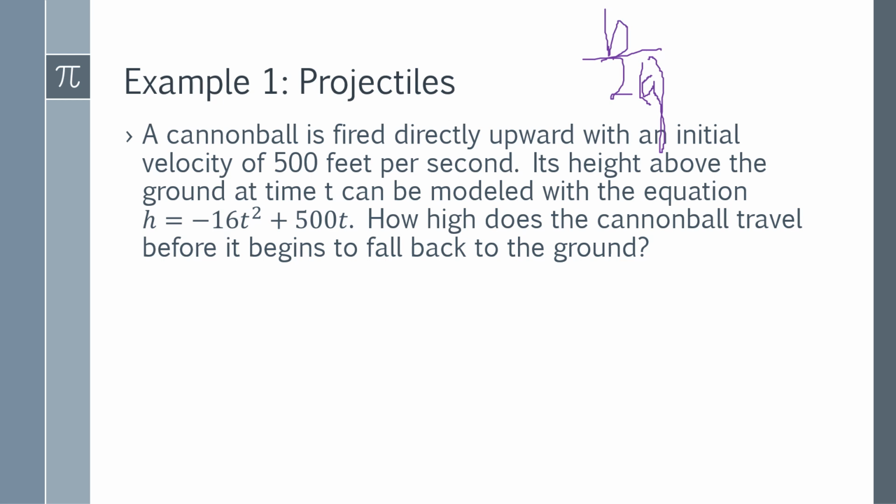So let's do it. The opposite of B, because that's 500, it's going to be negative 500 over 2 times A, which is negative 16.